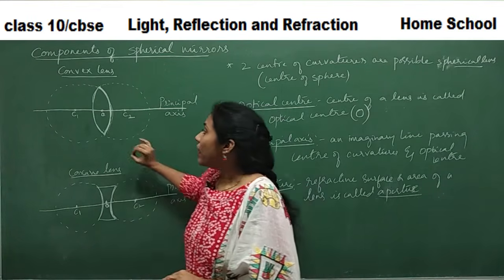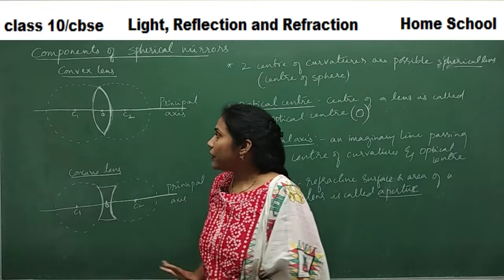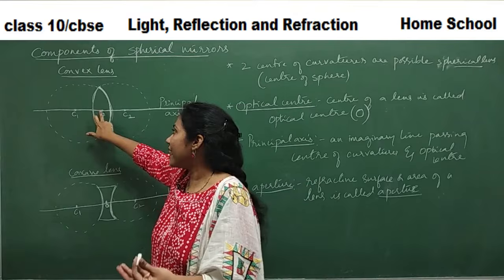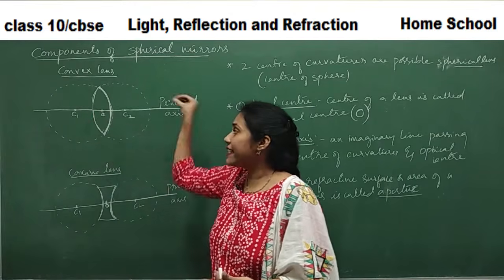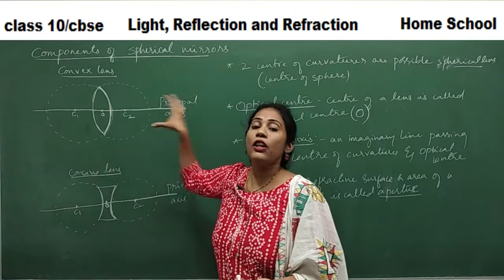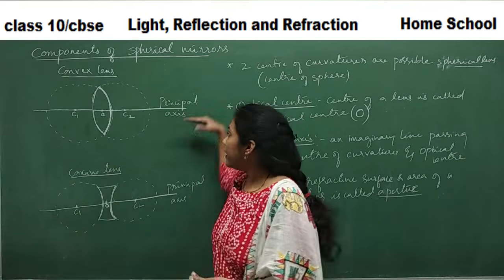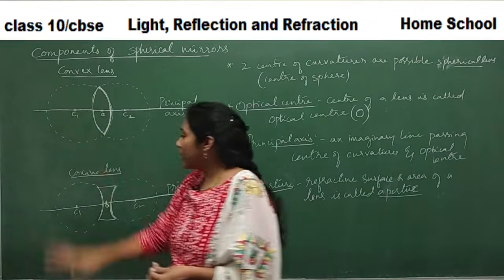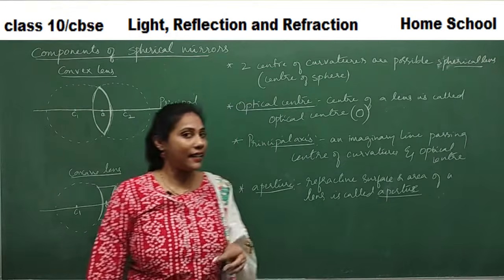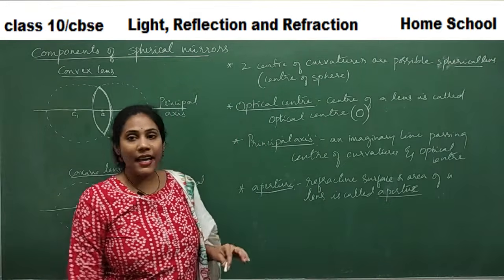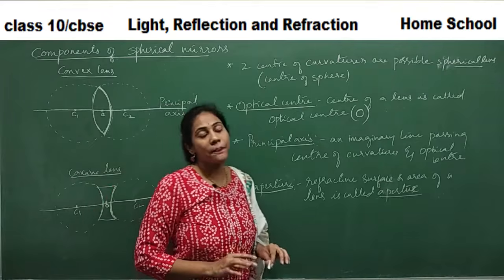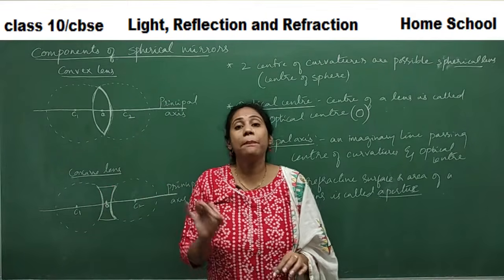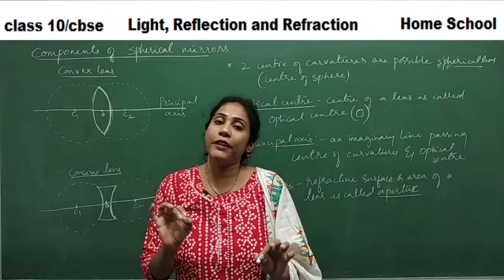Another thing is the geometric center, exactly the central point inside a lens, called the optical center. And the imaginary line passing through the centers of curvature and the optical center is the principal axis. These are the three important words. Later we will discuss the principal focus and focal length.